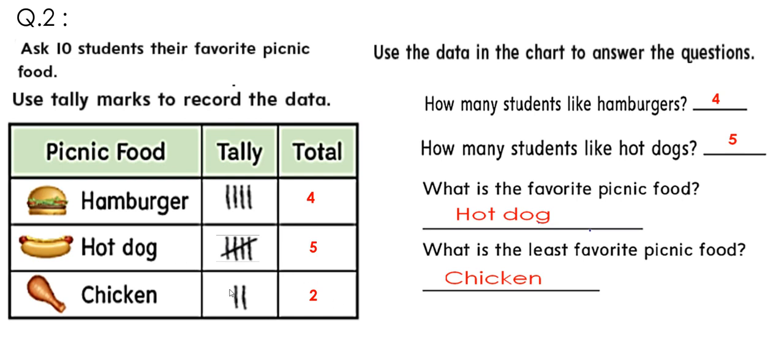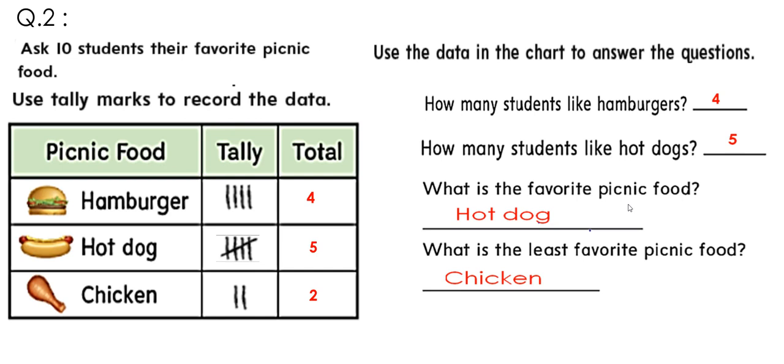So let's see the questions and try to solve them. How many students like hamburgers? So we go back to the chart and we find that hamburger has 4 votes. How many students like hot dogs? So we go back and look for hot dogs and count. We got 5 tally marks. What is the favorite picnic food?